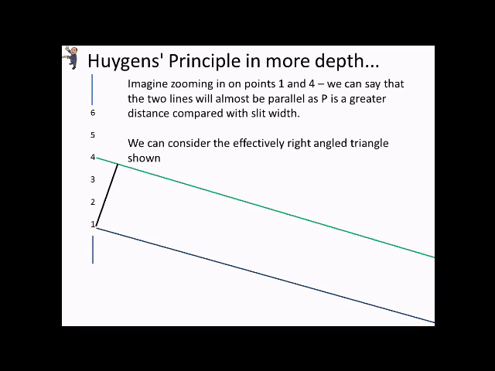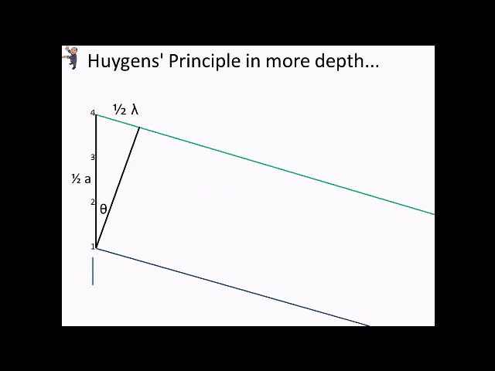So we can draw a right angle triangle using half the slit and the two parallel lines. The distance between 1 and 4 is half a, a being the slit width. We've got a right angle here, which makes this length here half a wavelength. So we should be left with sin theta equals lambda over a, just using a bit of simple trigonometry.